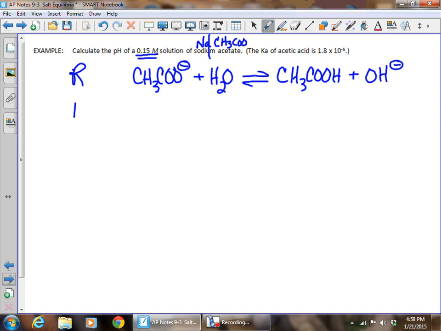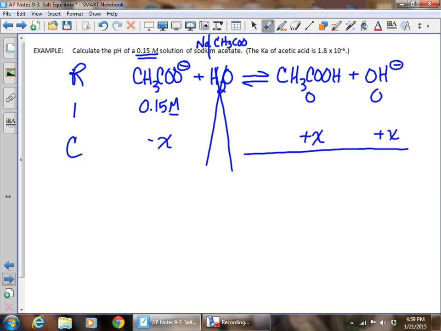So our initial concentration is 0.15 molar for the acetate. Now, water, remember, we don't care because it's a pure liquid, and that doesn't get involved in the equilibrium expression. We start out with 0 for both of these. Our change is minus x, plus x, plus x. So we get 0.15 minus x, x, and x.